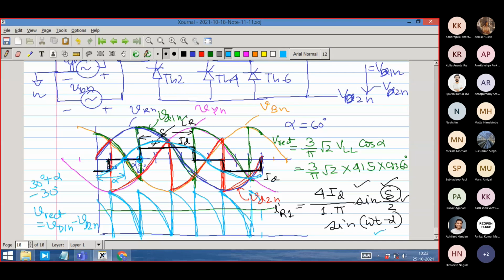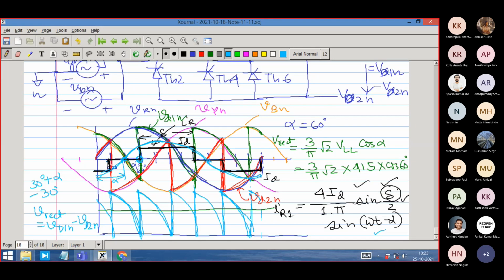You remember the displacement factor definition: the active power going through the phase divided by the RMS value of the fundamental voltage and the RMS value of the fundamental current, right?